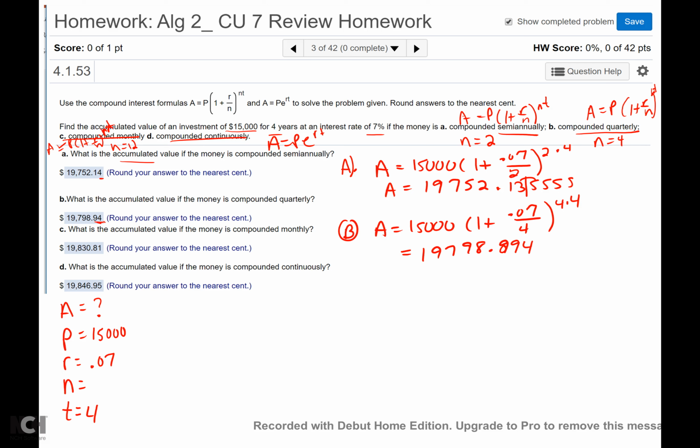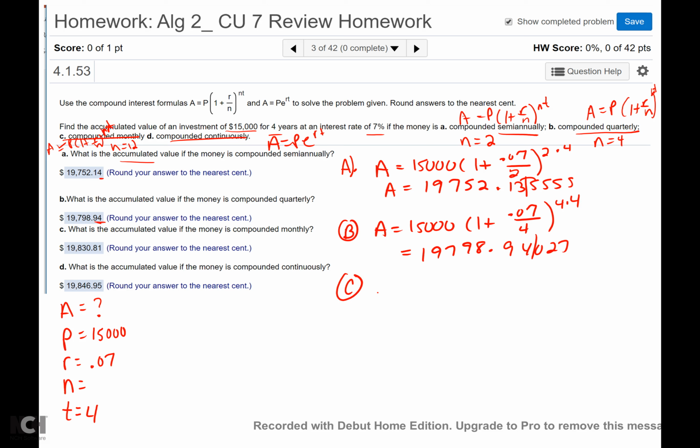Oh, I forgot a 0. 15,000, parentheses, 1 plus 0.07 divided by 4, close the parentheses, caret 16. There we go, 0.94027. So if I round to the nearest cent, the 4 doesn't change. Watch your typing, even I did it.